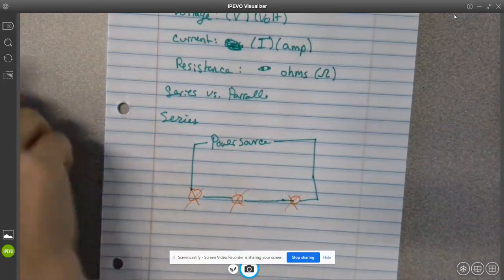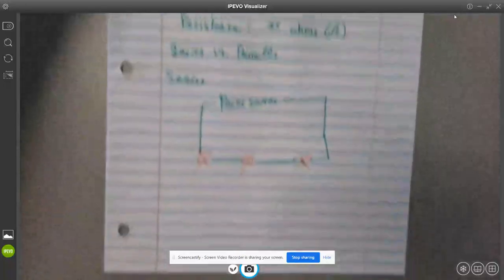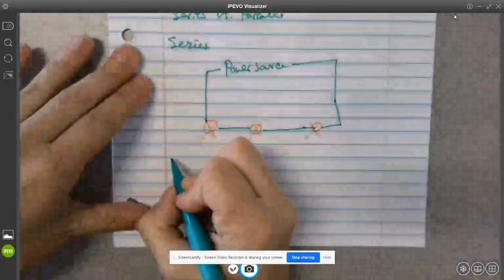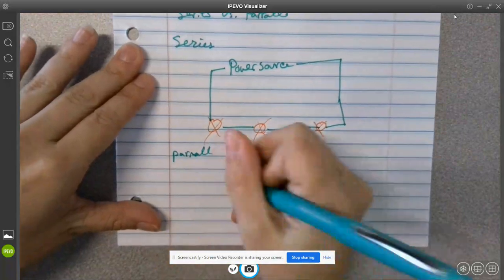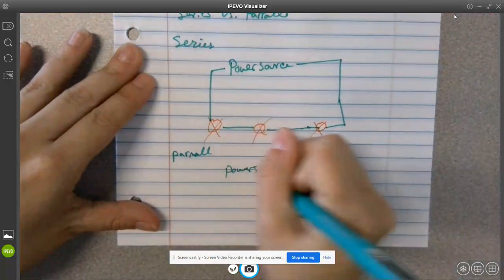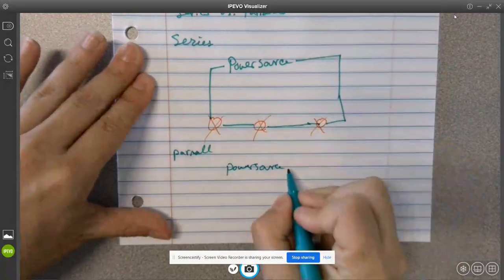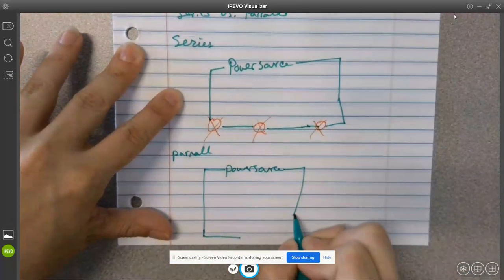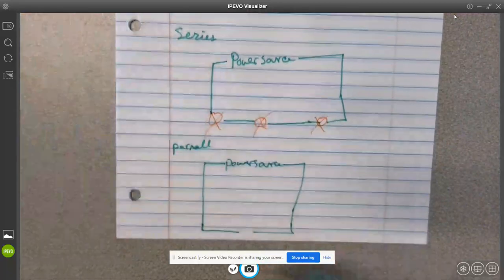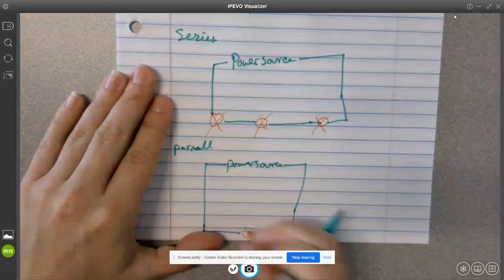If you have a parallel, P-A-R-A-L-L-E-L, you'll still have a power source. Again, let's still make our lights orange.